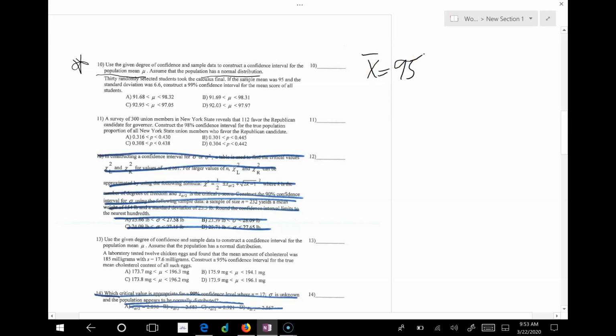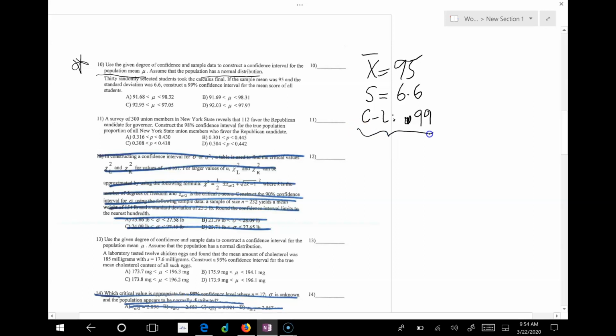And a standard deviation, so standard deviation for the sample is 6.6, that's S. Construct a 99% confidence interval. So the confidence level is 99%, so 0.99. You always put it into your calculator as a decimal. For the mean score of all students.